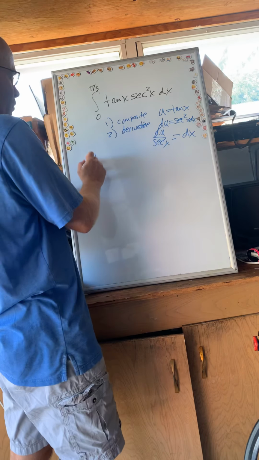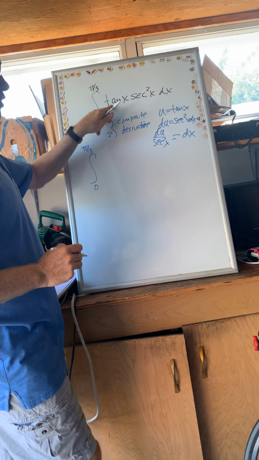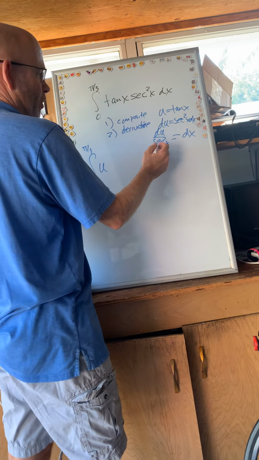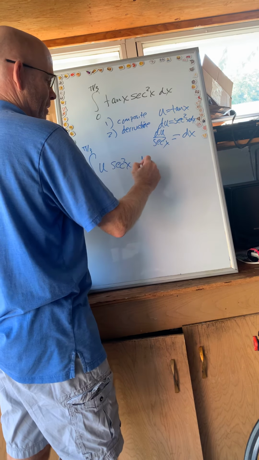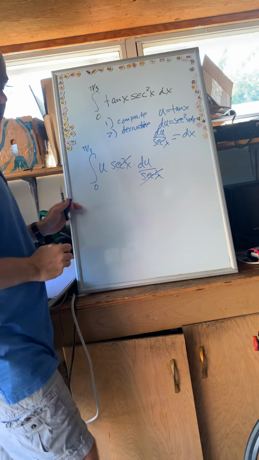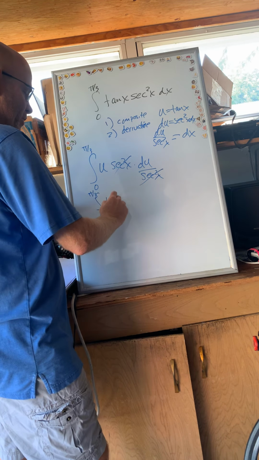So when I substitute, I got 0 to pi over 3. My tangent is my u. I still have that secant squared x, but my dx is du over secant squared x. So those will cancel out, and I'll be left with u du.